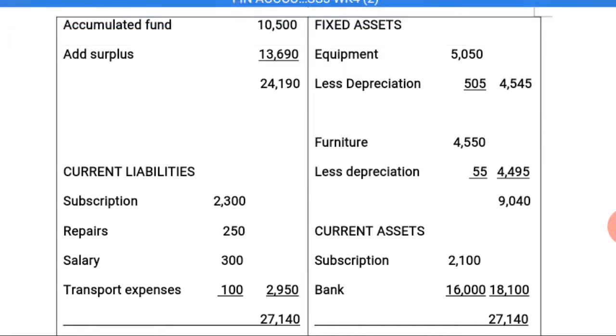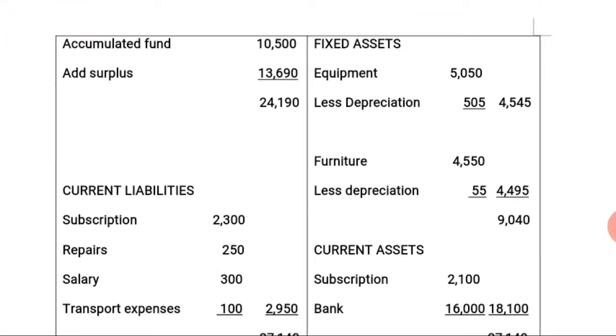So in that case, we have the accumulated fund as calculated in the statement of affairs that was prepared at the beginning of this illustration. We have the accumulated fund, which is almost the same thing as the capital of a profit-making organization, which stood at 10,500 naira.